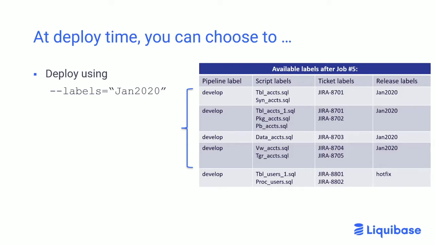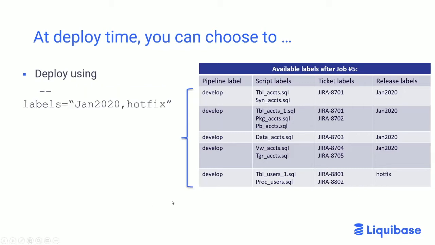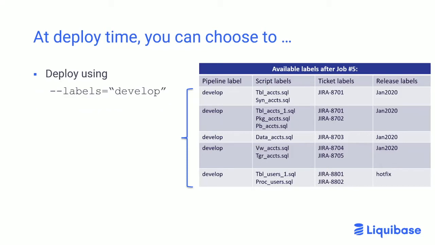So I've got a release label here that says January 2020. Well, the first 4 or 5 change sets in the list here would be deployed. If I wanted all of them, I would have to include the hotfix label. And that's assuming I'm deploying with a release label.